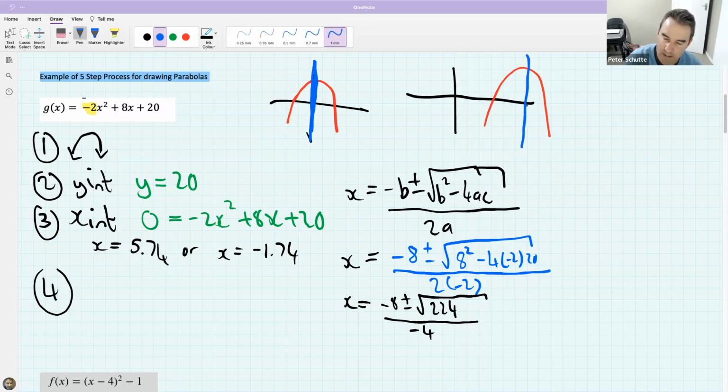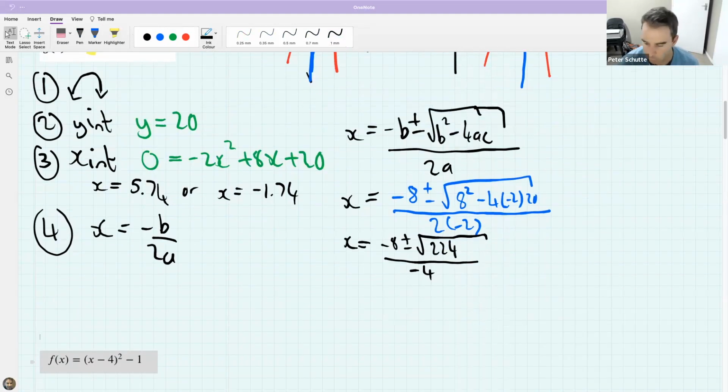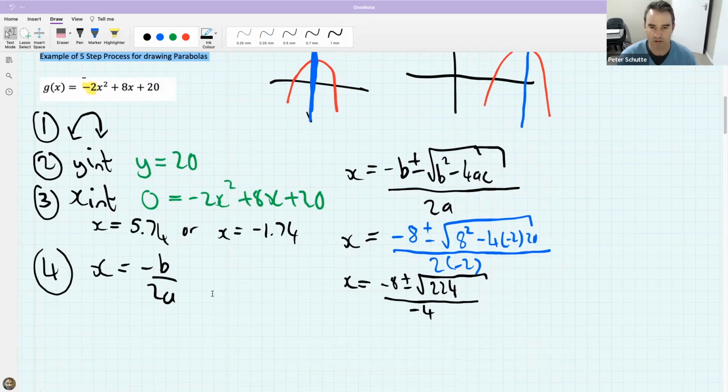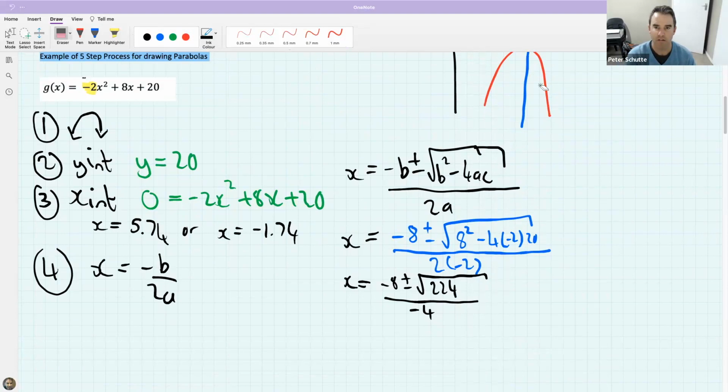It might be somewhere over here, or it could be here. And the formula we use to find the axis of symmetry is -b over 2a. So using your formula in standard form, find me the axis of symmetry of this graph. And when they say -b over 2a, they're referring to the standard form that we started this graph with.